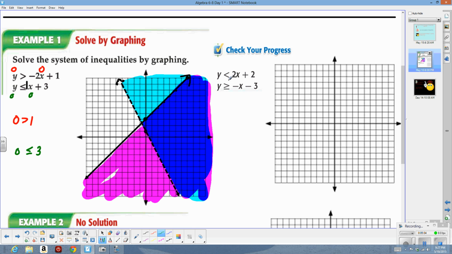Let's go ahead and graph the first inequality. The y-intercept is 2, and then the slope is 2, so we're going to rise 2 and run 1. We're going to have a dashed line because it does not have the equal sign with it. It's just a less than.